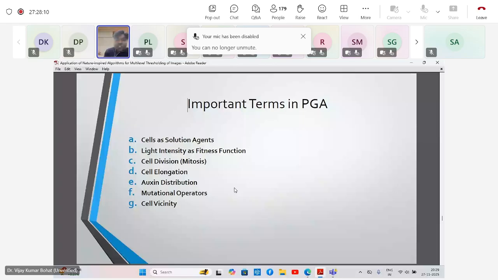Cell vicinity and mutational operators. Mutation is an old term in the genetic algorithm, and this term is also there. In the real world, a mutational operator exists because as time changes, mutation is getting done. Like the human body changes a lot with the lapse of time. Some species are completely wiped off from this world because they are not able to do proper mutation or adaptation in this particular world.